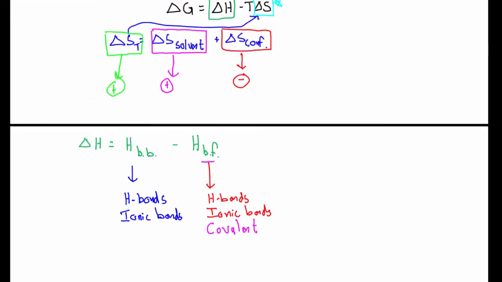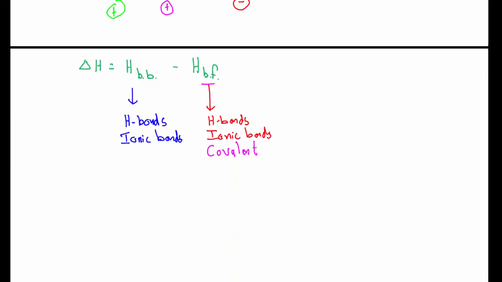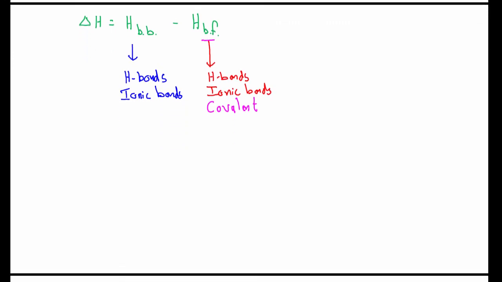The second thing that we need to look at here is salt bridges. Buried salt bridges, or buried ionic bonds. Okay, and so what we can do here is this. We can say that buried ionic bonds can form in this, but you don't have buried ionic bonds in the unfolded state.